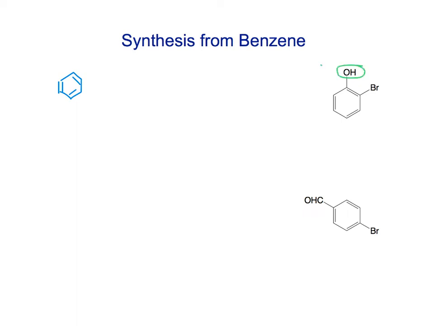So this essentially has to come from this diazonium salt, and that is going to come from an amine, from an aniline. And that's going to eventually come from a nitro group. So the question is then where along this series of functional group changes do we put the bromine on?